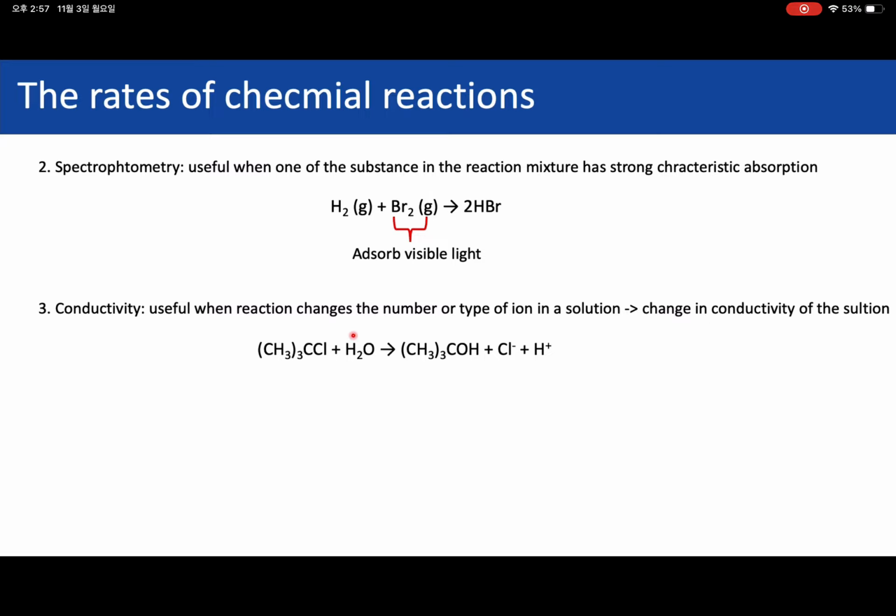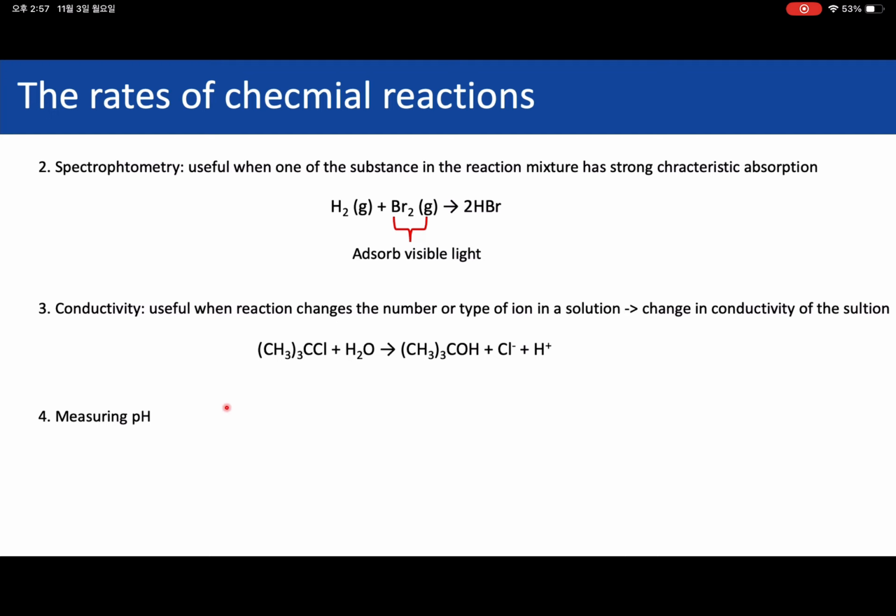So for example, if this molecule reacts with water, then it will produce this chloride ion and the hydrogen ion. Since those two are charged, while the water molecule and this molecule are not charged, after they have reacted the overall conductivity of the solution will increase because we have charged particles.